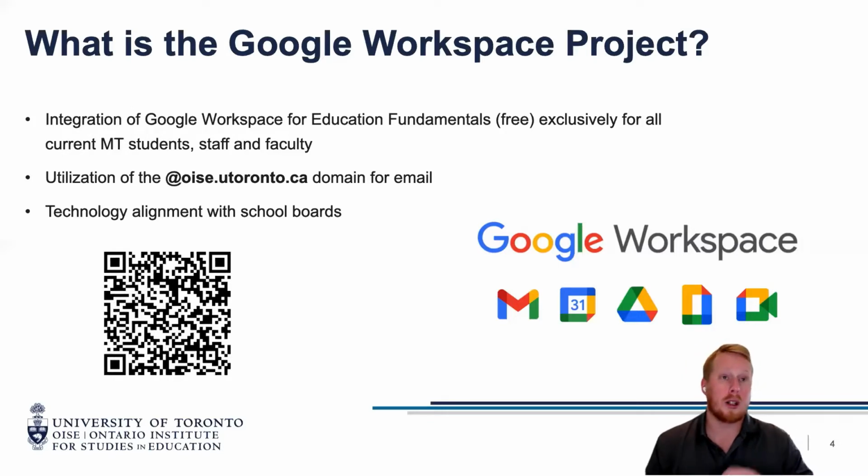If you do want early access, aka you want access today or tomorrow, you can scan this QR code and it should bring you to a Microsoft form where we'll just collect your first name, last name, and your current university email address, and then we can manually create you an account so you'll have access today. I'll also put this QR code up at the very end, but if you want early access, you can do it this way, but if you feel like waiting maybe till the end of the week or early next week, it should automatically work for you.